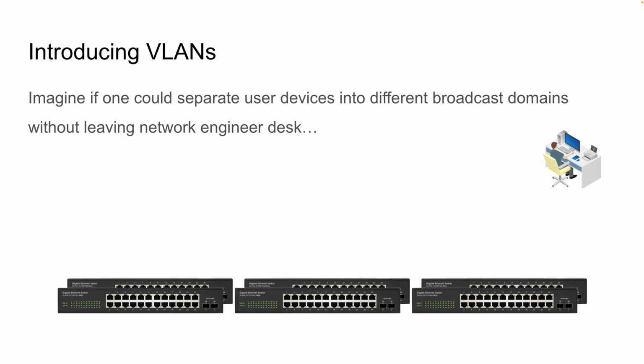Well, since we are talking about VLAN ID, let's introduce VLANs. Imagine the possibility that an engineer does not leave his desk and can place any end-user device in a separate virtual broadcast domain. This is the aim of VLANs.